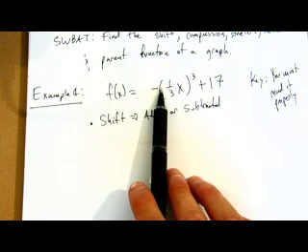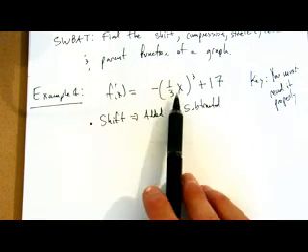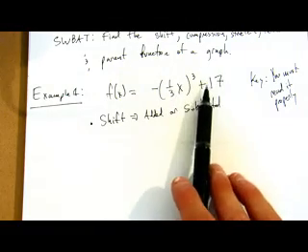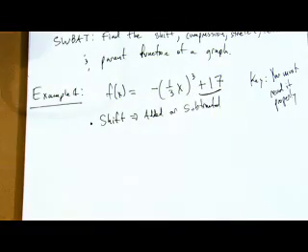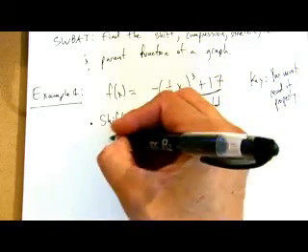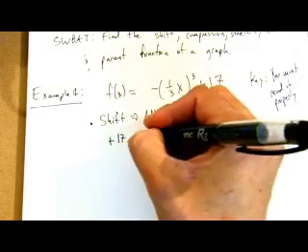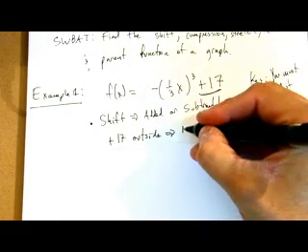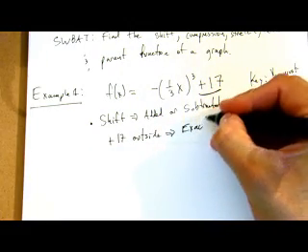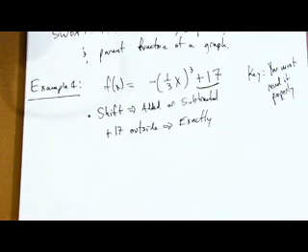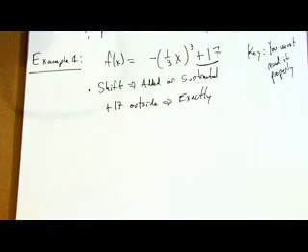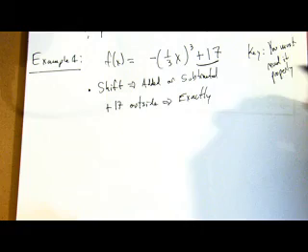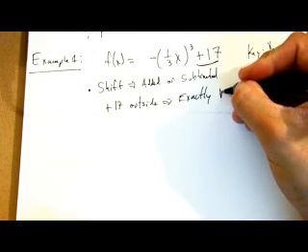So if I read this, it's negative 1 times 1/3 x cubed plus 17. So the plus 17 is key. This plus 17 is on the outside. If it's outside, I do exactly what it says, and I'm going to do it vertically.